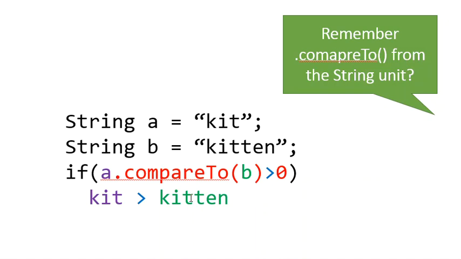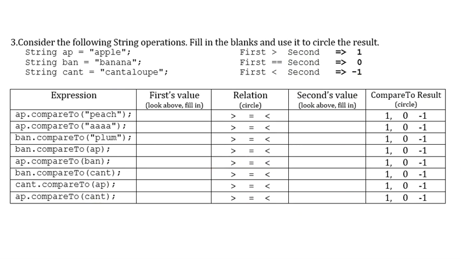What's actually happening is that CompareTo returns a value less than 0 if the first one is smaller. It returns a value greater than 0 if the first one is bigger, and it returns a value of 0 if they're equal. On your sheet, there's a series of questions about this.